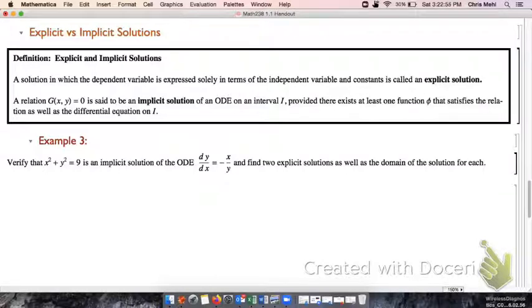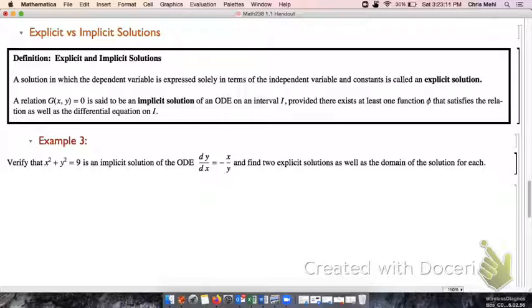Okay, so for instance, example 3, I want to verify that this circle centered at the origin of radius 3, essentially, x squared plus y squared equals 9, is an implicit solution to the ODE dy dx equals minus x over y.